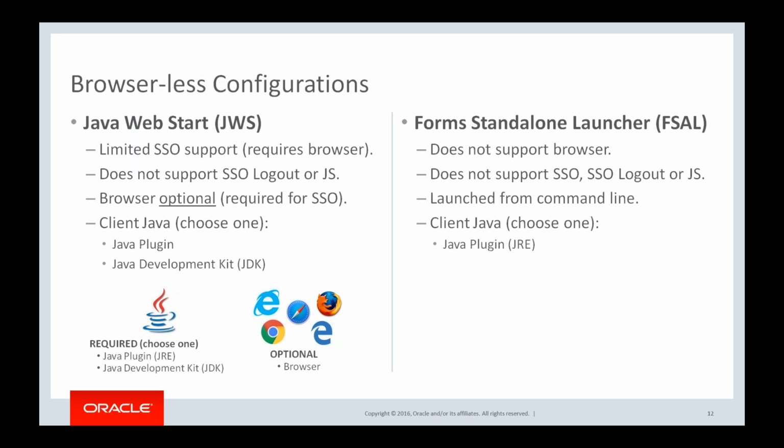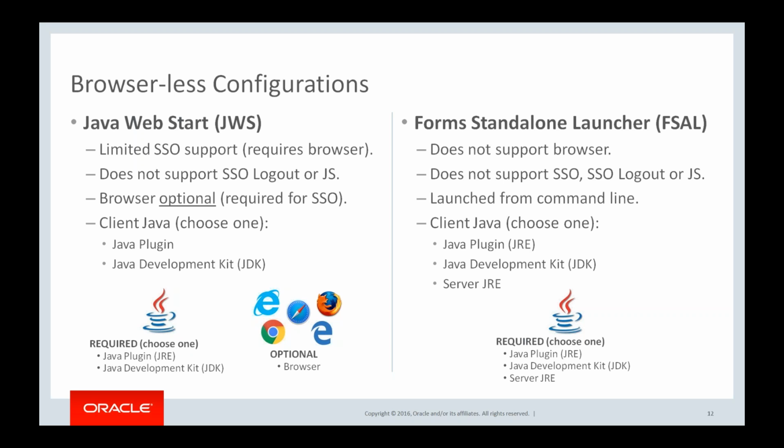And what you have here is a much longer list of Java options on the client. You could use the Java plugin installation, the Java Development Kit installation, or this one that I like the most, which is the Server Java Runtime Environment, which is actually not an installation. It's just a zip file that you download from Oracle's Java website, and it's basically just a folder that you extract onto the client machine, and off you go and running.